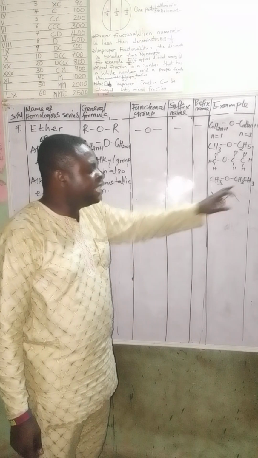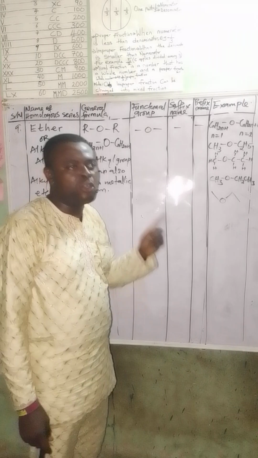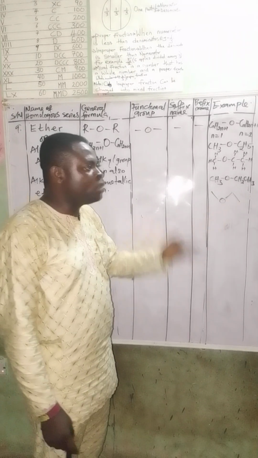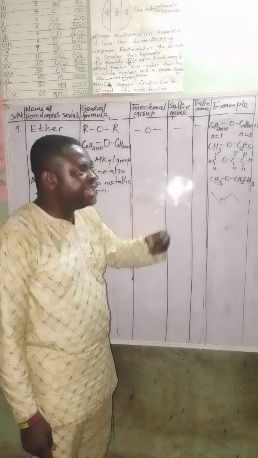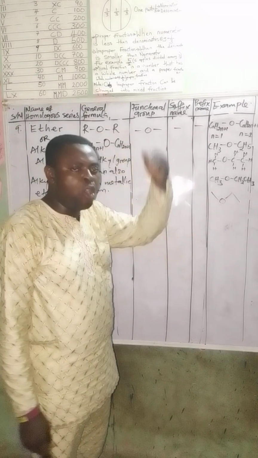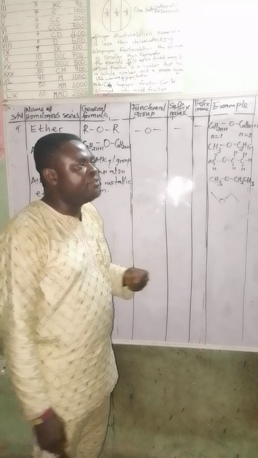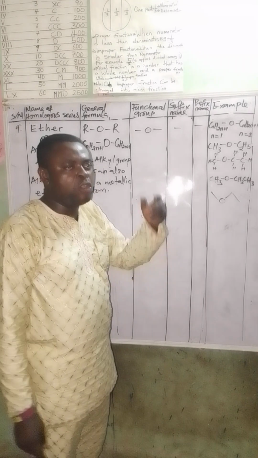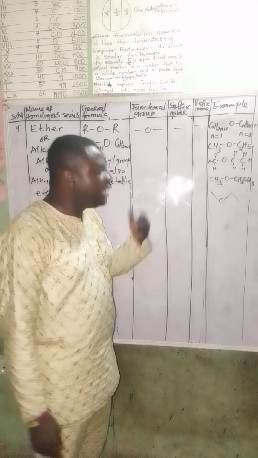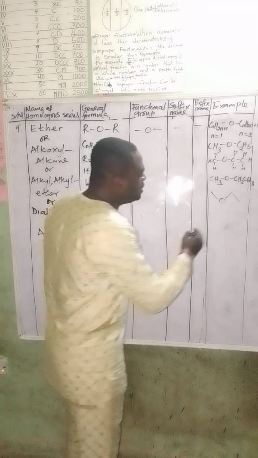If it is 1 carbon, you call it methoxy. If it is 2 carbon, ethoxy. 3 carbon, propoxy. 4 carbon, butoxy. 5 carbon, pentoxy. 6 carbon, hexoxy. Like that. But here I have 2 carbon. What will I call it?